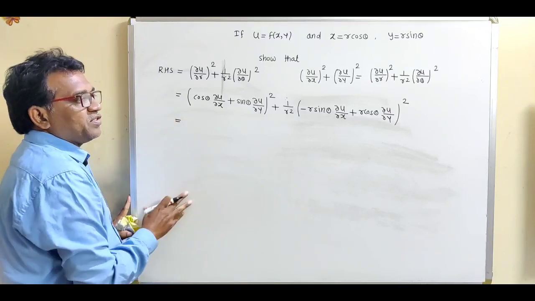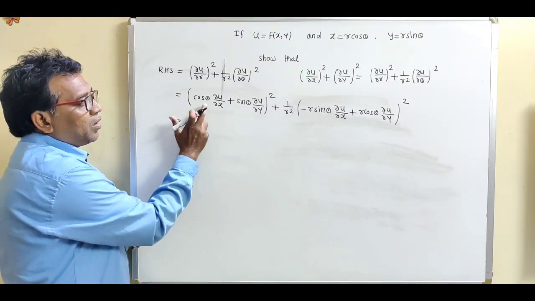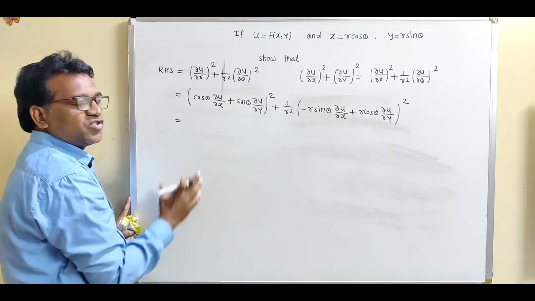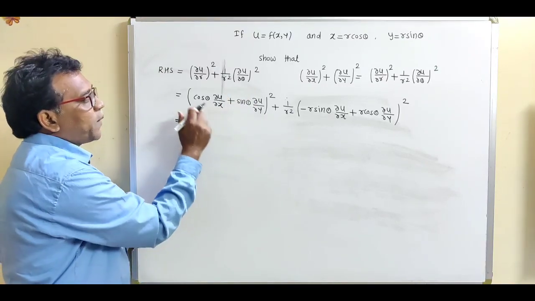So simplify this equation. Now expand this first bracket, this is (a plus b) whole square.